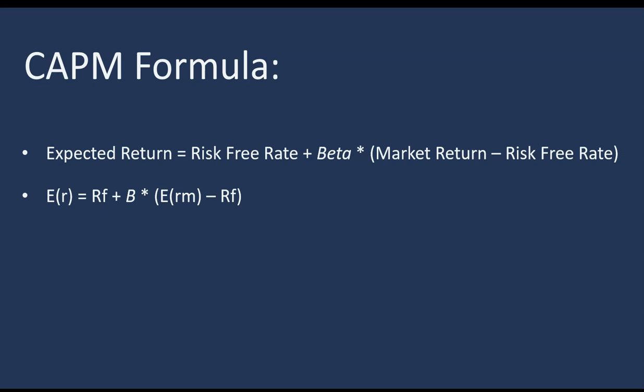Again, these say the same things, just in an abbreviated format, where the most common format is the expected return is equal to the risk-free rate plus beta times the market risk premium. And the market risk premium is exactly that. It is the market return minus the risk-free rate.